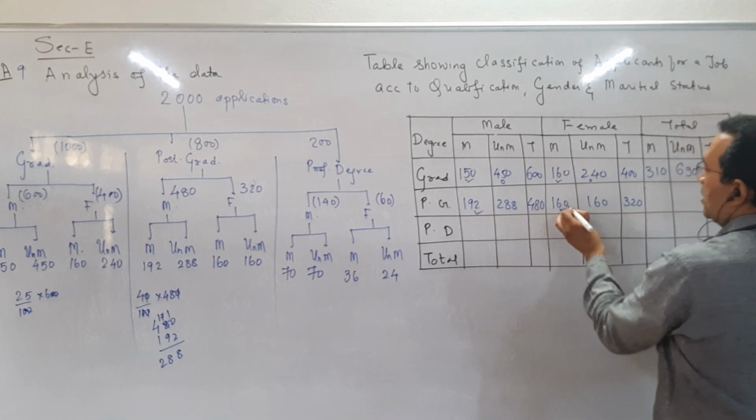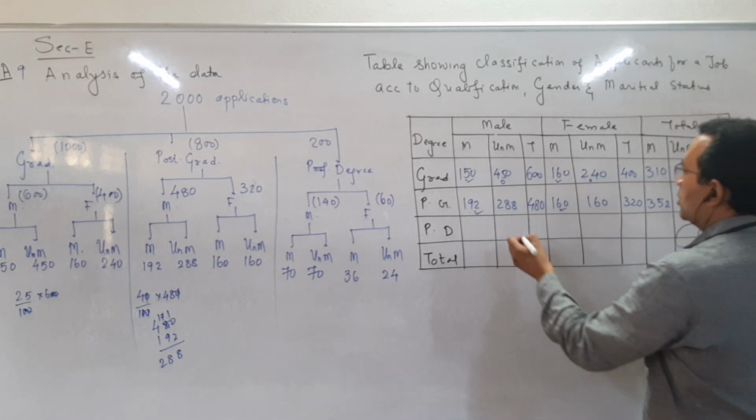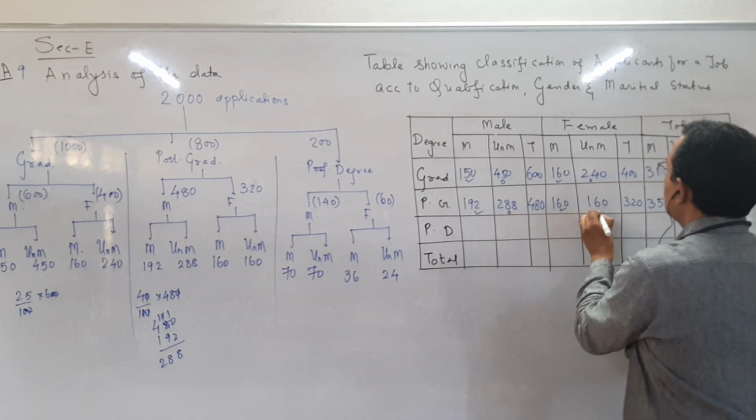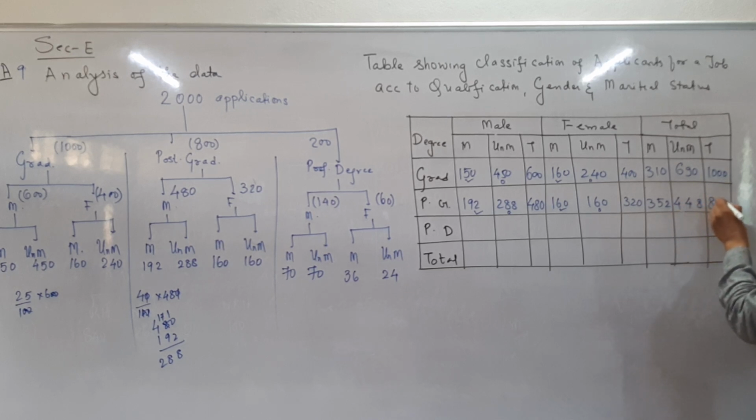Married were 192 plus 160, so 352. Unmarried were 288 plus 160, so 448, and total will be 800.